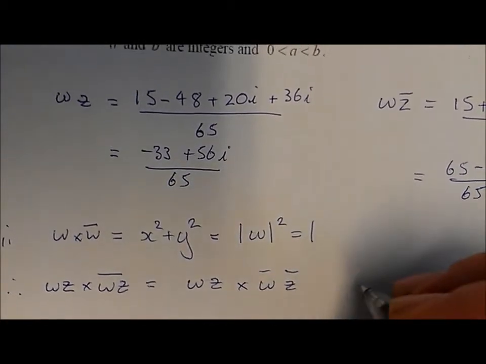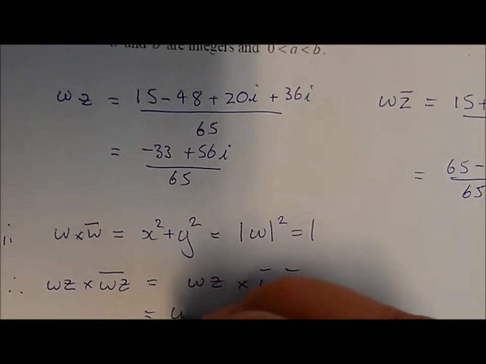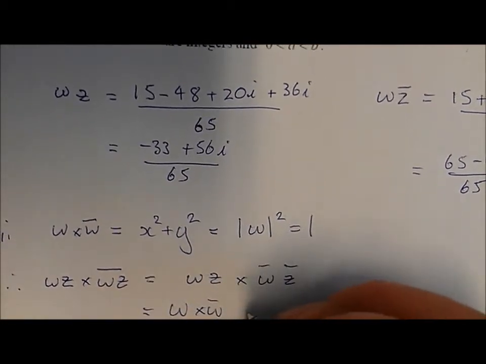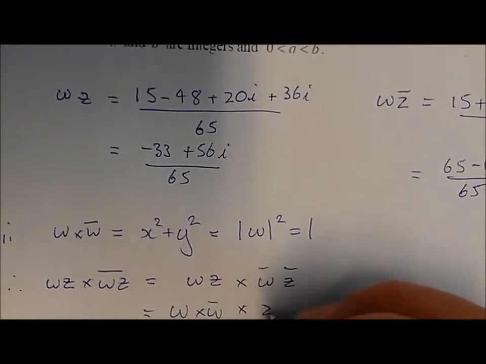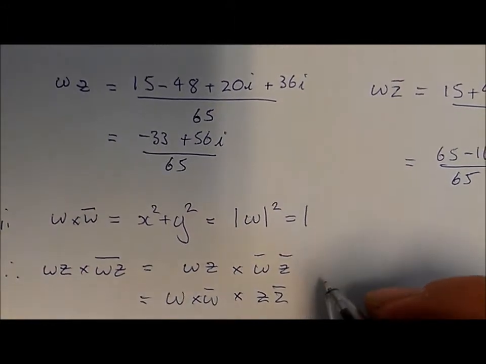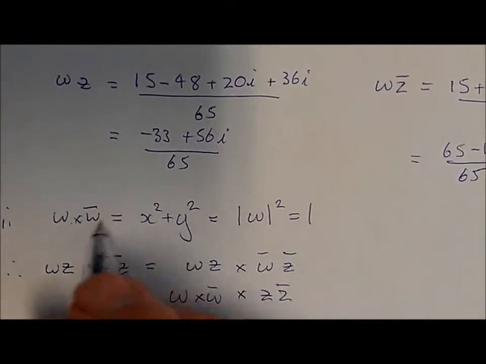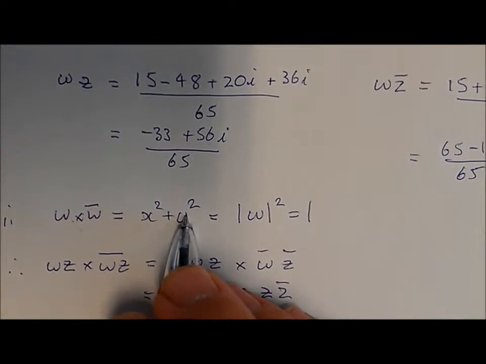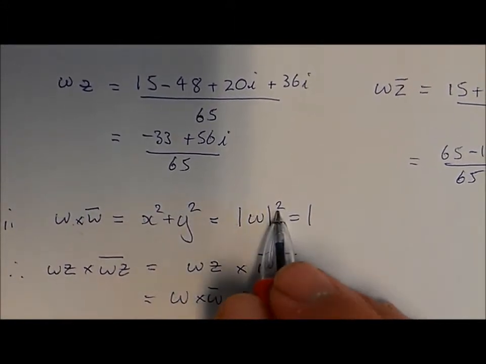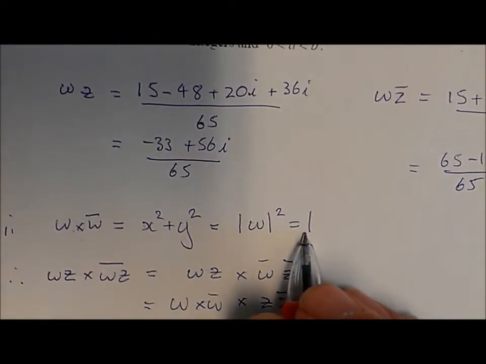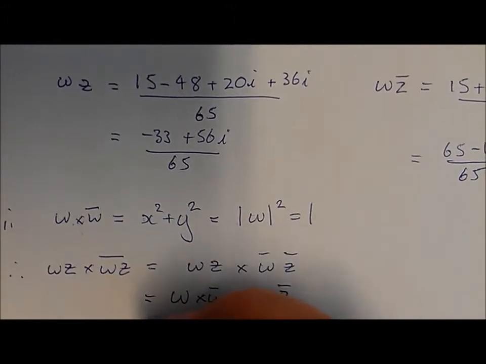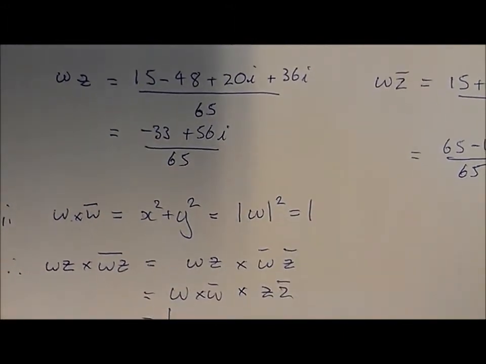And that's going to be equal to w times w bar times z z bar. And from what I just set up here, when we multiply these, x squared plus y squared, we're going to get the modulus squared, and earlier in the question we're told the modulus was 1, so 1 squared is 1. So this is simply going to equal 1.